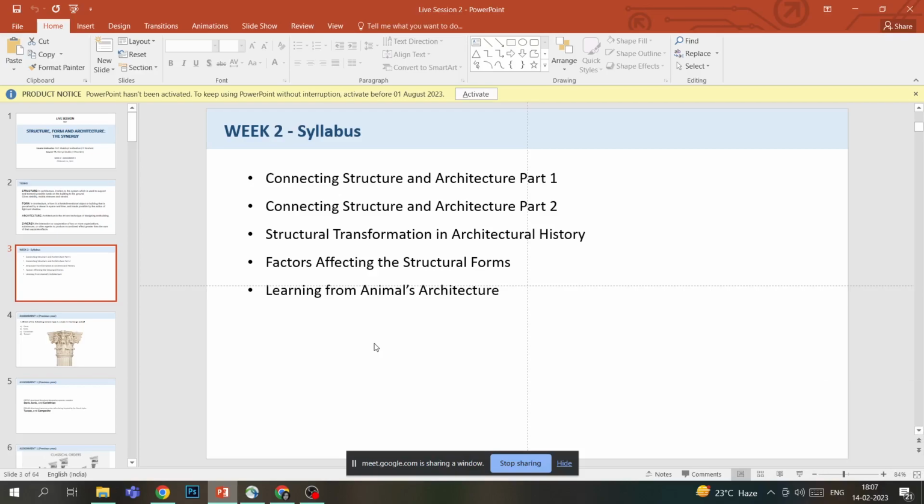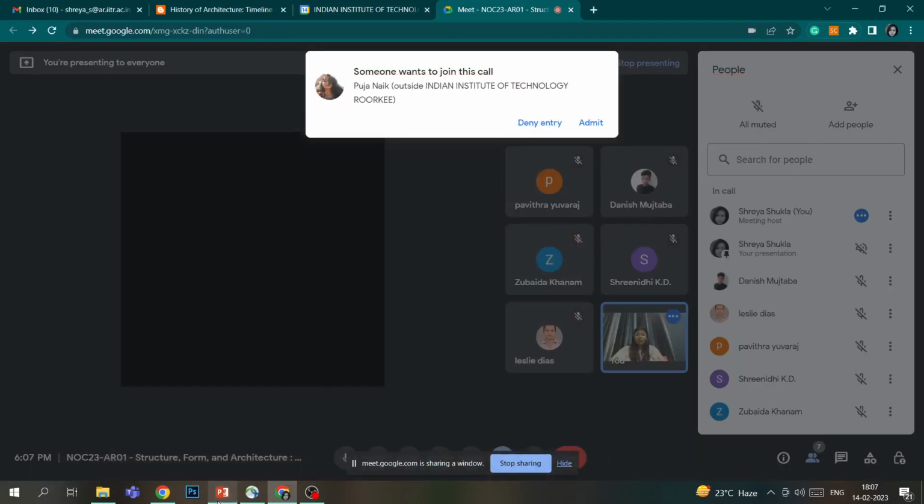In lecture 6, relationship of structure with architecture, it was discussed how in the form of the building, what dominates: when architecture dominates, when design dominates, when structure dominates, and how it leads to the form of the building. Various examples were shared to help understand the relationship of structure and architecture.